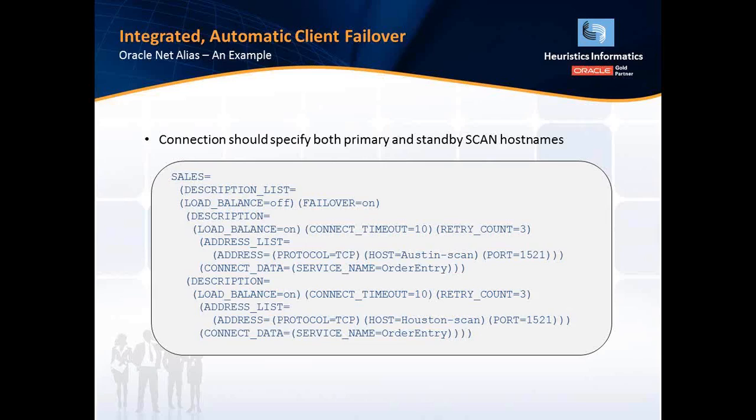Between the two descriptions, we've got load balancing disabled because Data Guard does not allow for load balancing, but failover is enabled, which means if an application attempts to connect to the primary database and is unable to do so, it will automatically fail over to the secondary, which is the standby database.